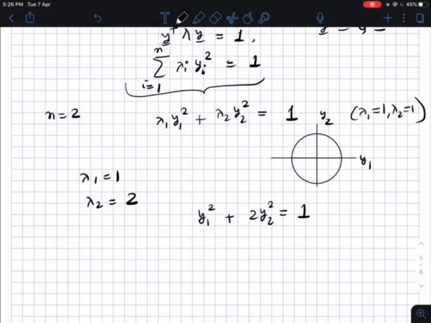Okay, and this will actually look like an ellipse, with the major and minor axes still being the coordinate axes. It's going to be elongated along the y1 direction, so it's going to look something like this.